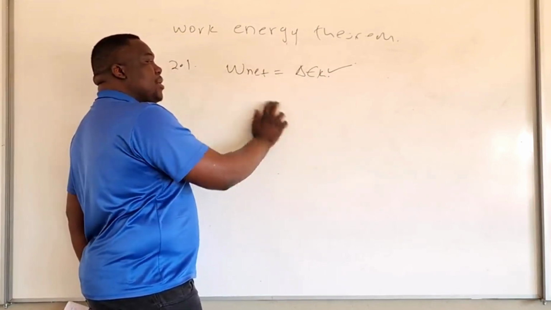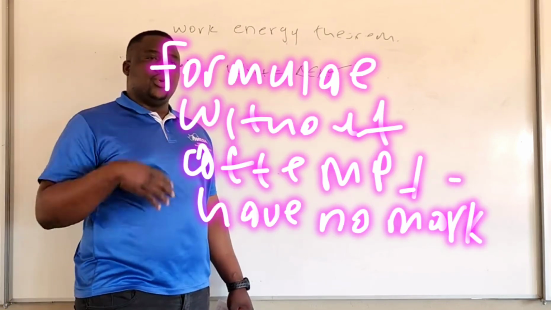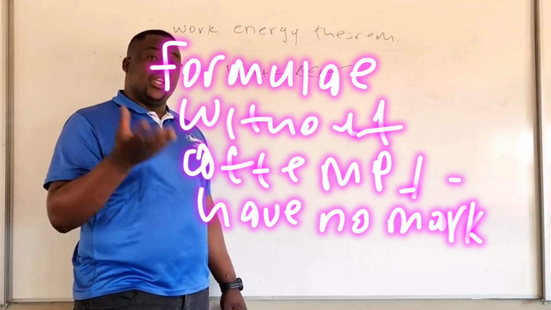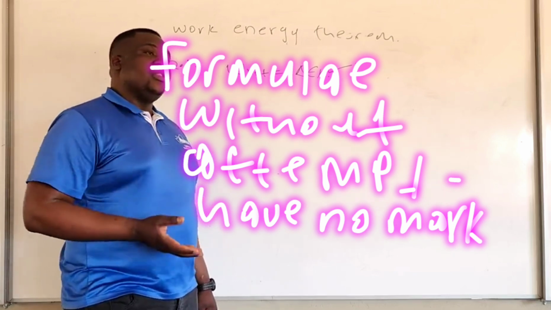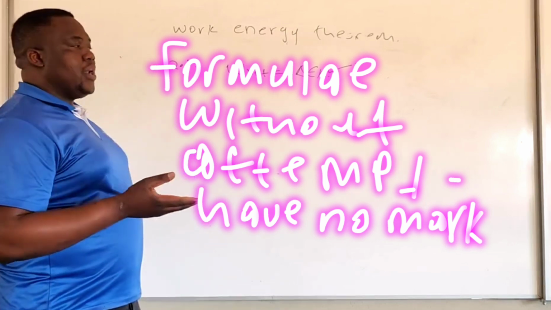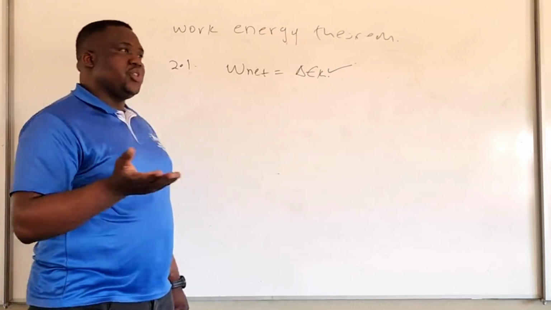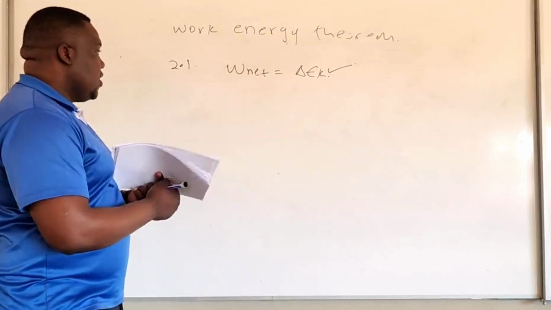But if you write the formula without trying to substitute, you're going to get it wrong. So whenever you don't know what to do, write the formula and try to substitute something. Then if it is wrong, you still get the mark for the formula. Okay.